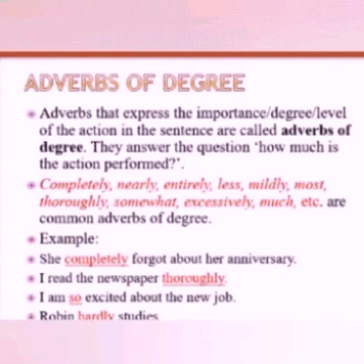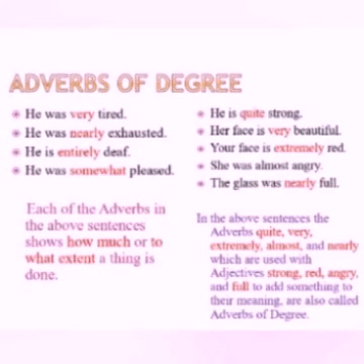I am so excited about the new job. How much are you excited? So much. Robin hardly studies. How much does he study? Hardly he studies. As we have said, the adverbs of degree show how much or to what extent a thing is done.